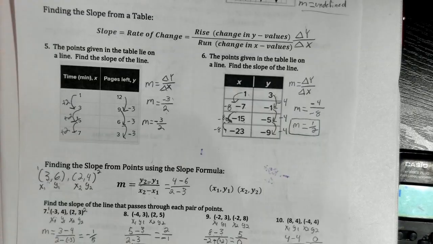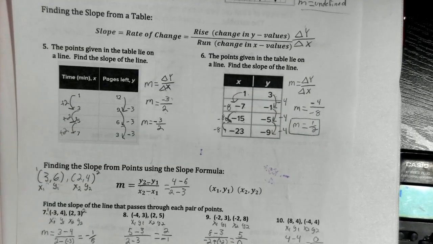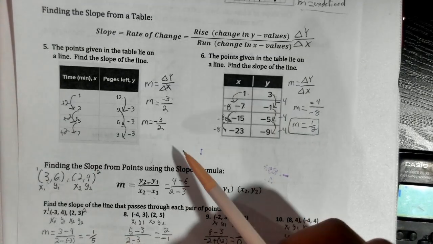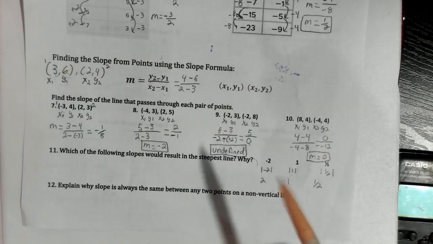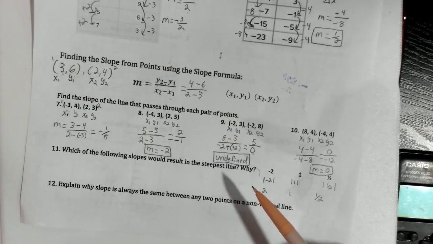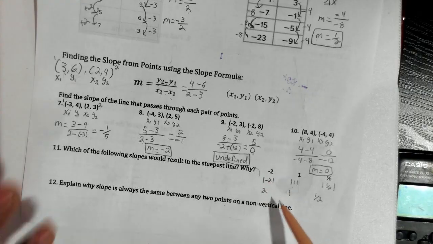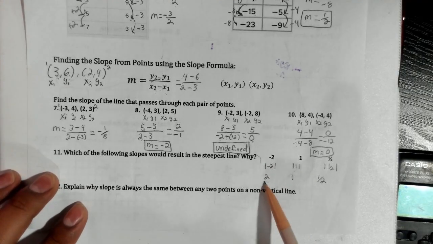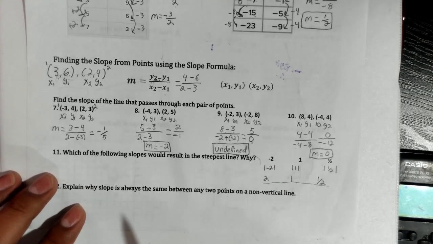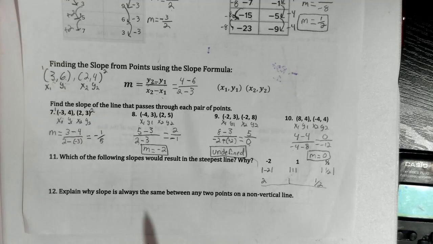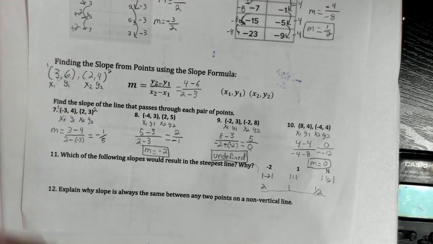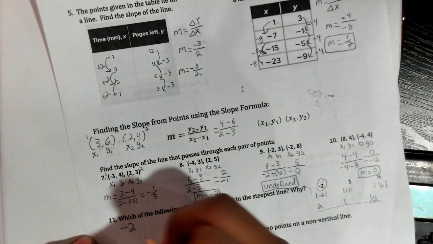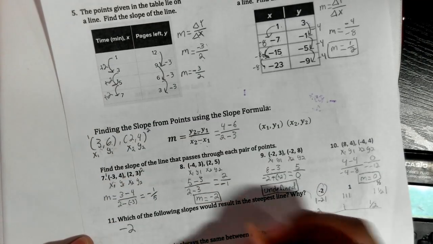And the steepness of a line, the greater the slope, the absolute value of the slope, the steeper the line is. So we're just being asked, what number is the greatest between all of these absolute values? Hopefully we can tell that the 2 is the greatest, so it means that negative 2 has the steepest line.